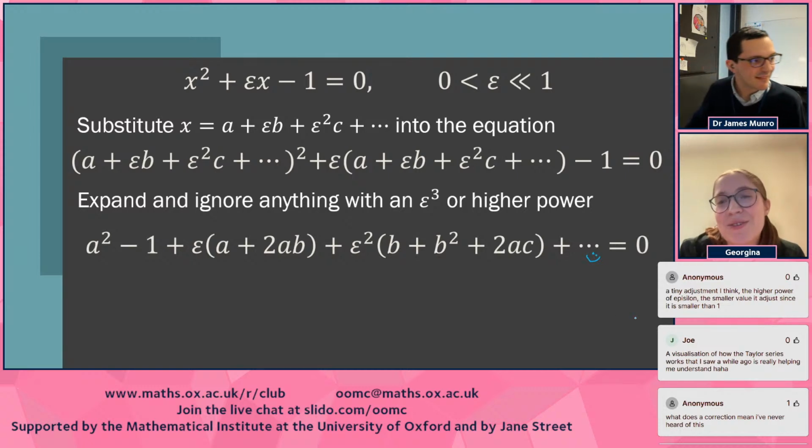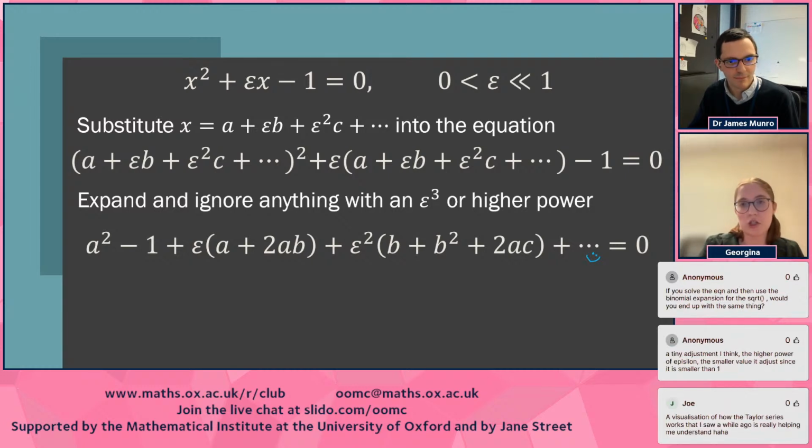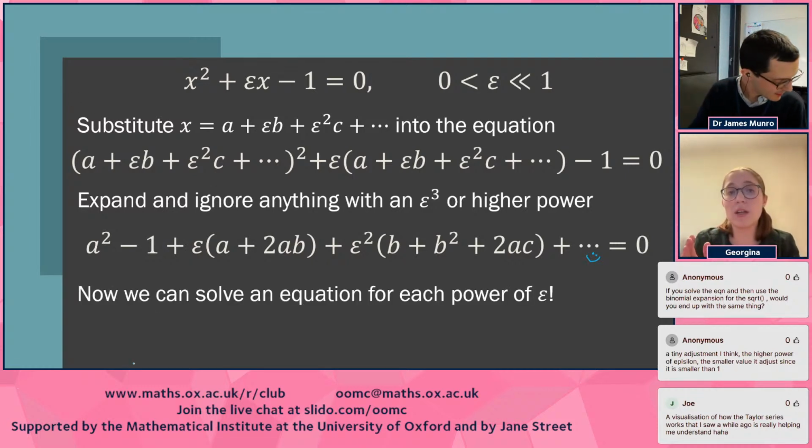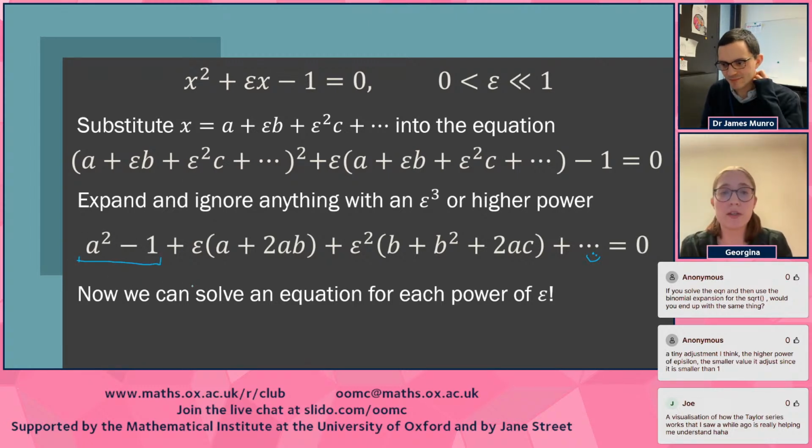And so we get this equation, and we're going to solve this equation at each level of epsilon. If we look at it, you can see we have these terms out the front, a squared -1, that have no epsilon associated with them. They're just chilling. And then we have this next set of terms that's epsilon times a plus 2ab.